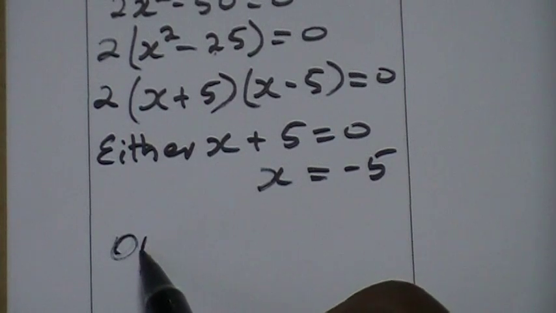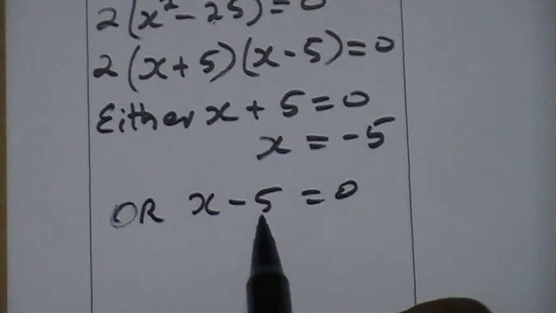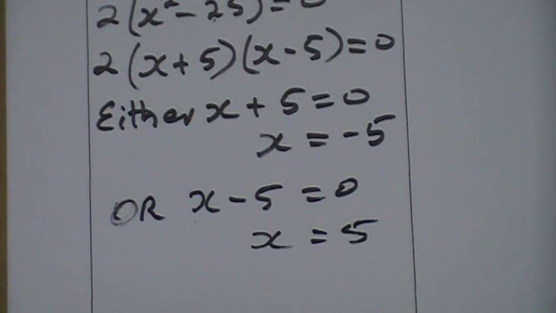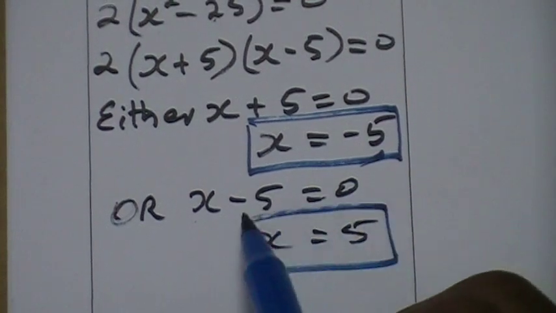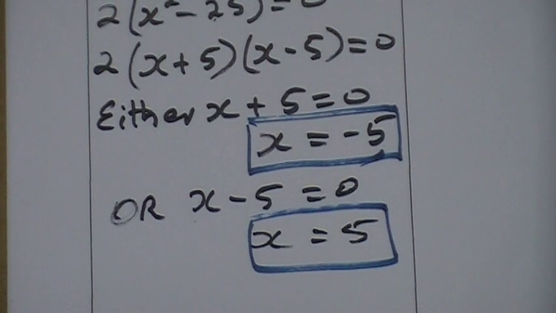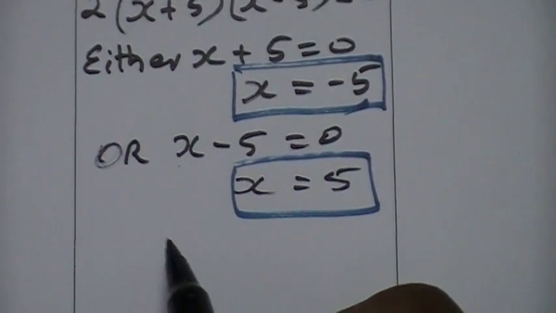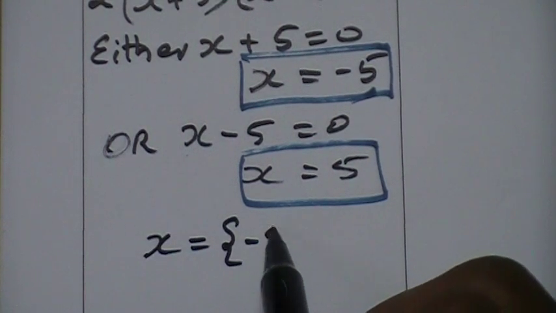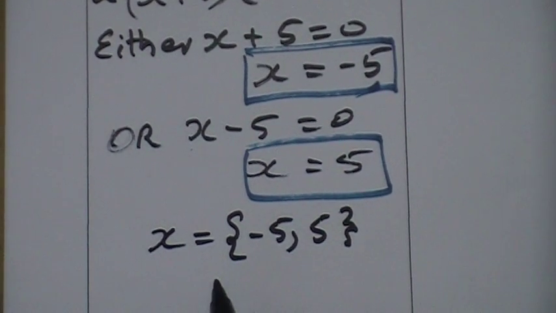So we're going to write. And then we can finish it off by adding 5 to both sides. And so the two solutions that we have there are negative 5 and positive 5. We could write the solution as a solution set. Or we could even write it like this.